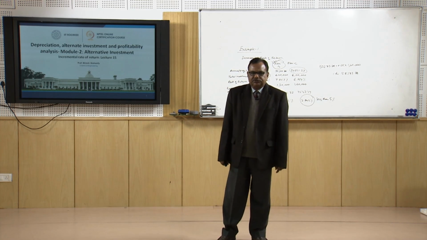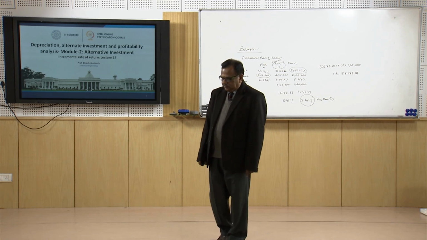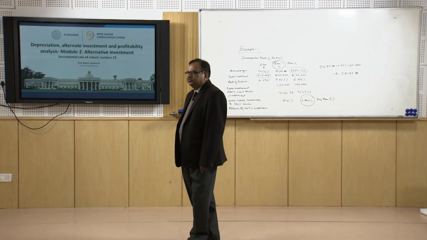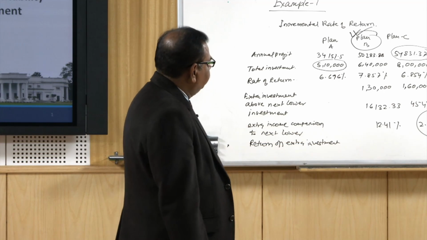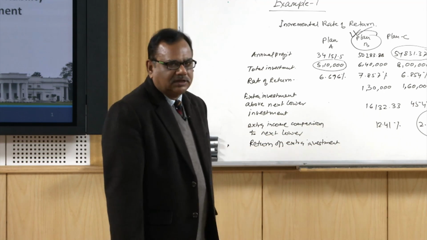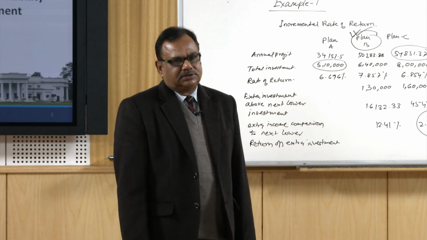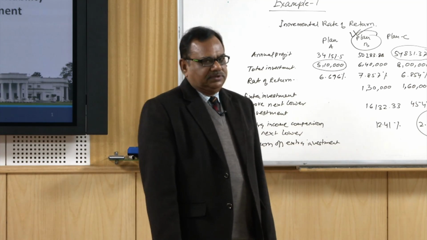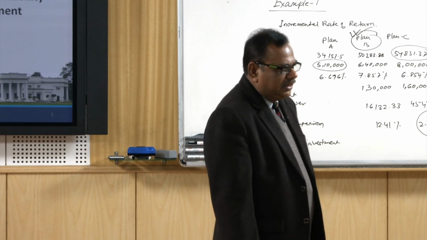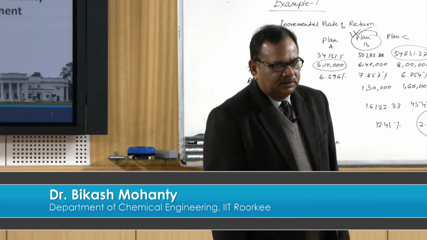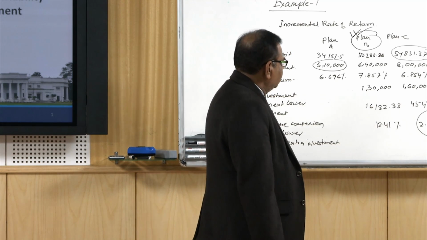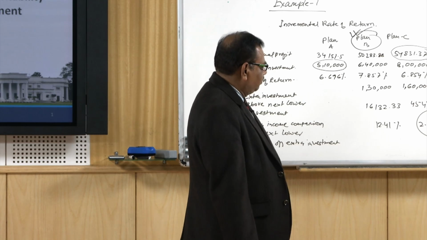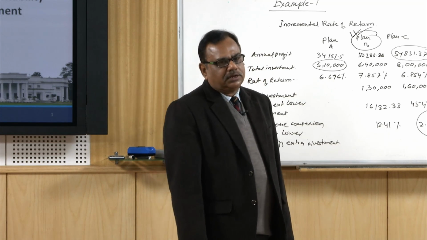Let us summarize today's lecture. We have seen how to use the incremental rate of return method. In the problem which we have taken, we find that all the plans are okay as far as minimum rate of return is concerned, because all were giving more than 5%. But when we go for the incremental rate of return, then out of 3, one plan which was giving incremental rate of return more than 5, in this case plan B, which was giving 12.41, came out to be the winner.